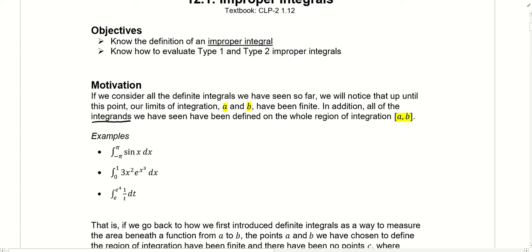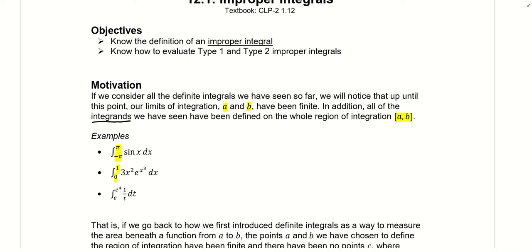So a couple examples of this. Sine of x, our limits of integration here are finite, and sine of x is defined for all values of x between negative pi and pi. The next example here, 3x squared times e to the x cubed. We saw this when we first introduced substitution, I think.